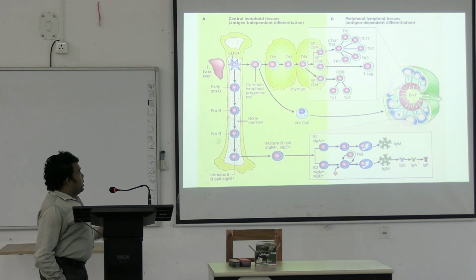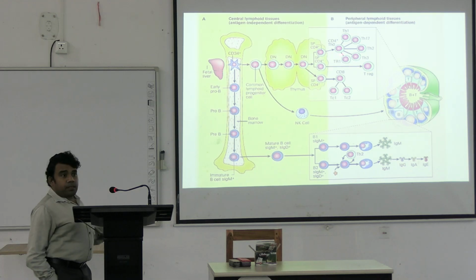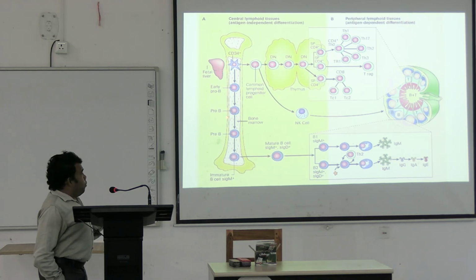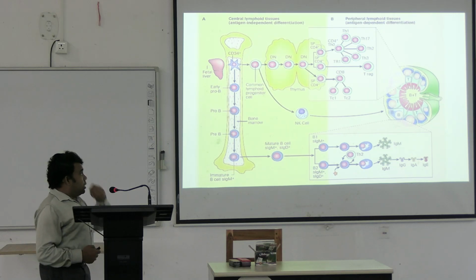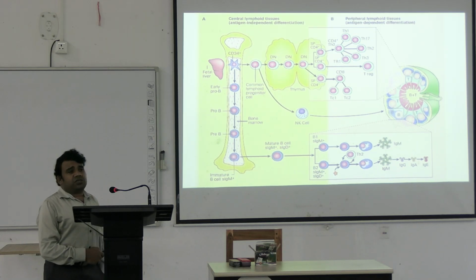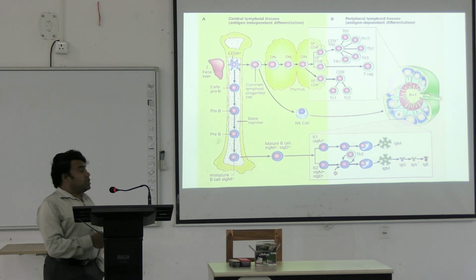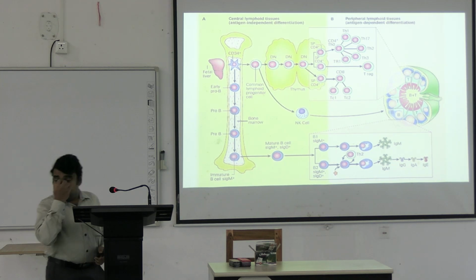Now, inside the bone marrow, the progenitor cells will develop from pro-B cell to pre-B cell, and then it will form the immature B cells. Over here, the B cells are tagged by various CD factors, or cluster differentiating factors, which modulate, and there is something called central tolerance.